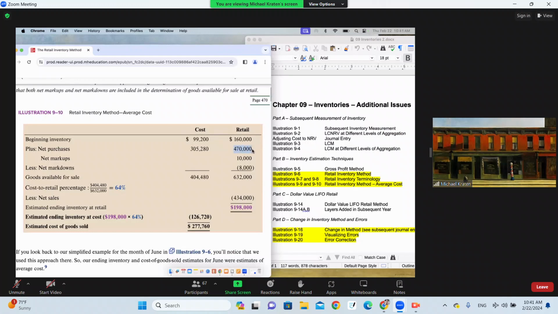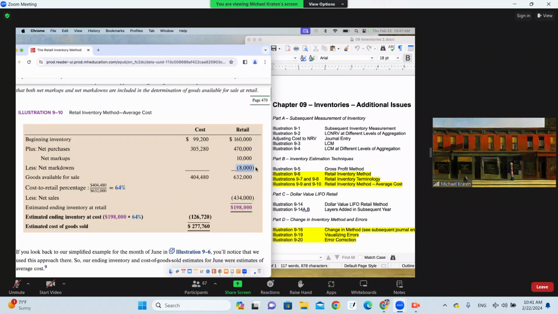The only difference is, instead of having one number for retail price value of goods available for sale, the 470 and the 160, we have the initial retail price value of the 470 and the 160, plus additional increases in prices or markups, minus additional decreases in prices or markdowns.